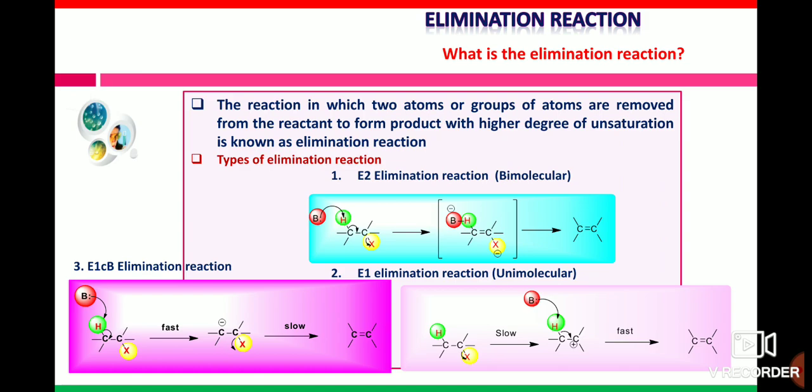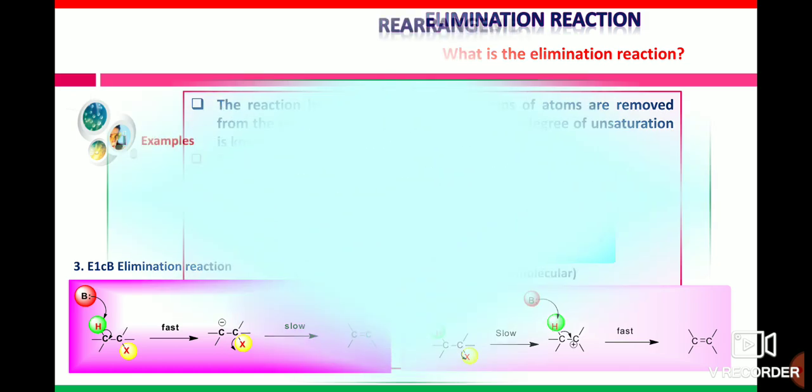By the driving force of this negative charge, the leaving group is eliminated and pi bond formation occurs between alpha and beta carbon to give the alkene product. The reaction which proceeds through the conjugate base is known as E1CB elimination reaction.